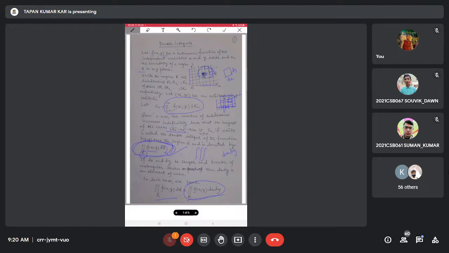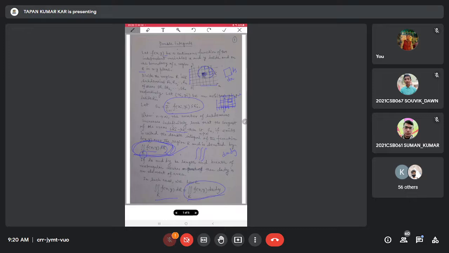N tends to infinity means we are dividing the region into an infinite number of sub-regions, so that the area of each sub-region is very, very small. And that is this one.